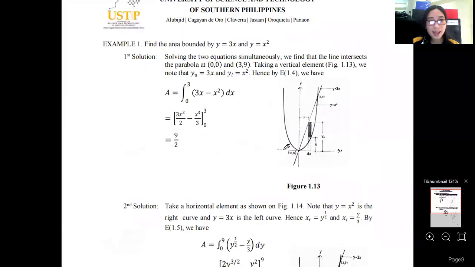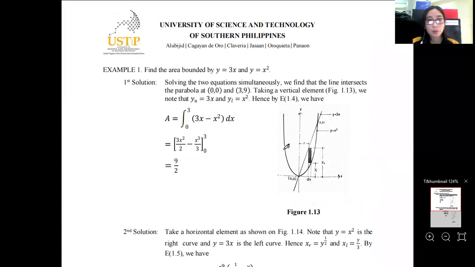Okay? So now let's proceed with the examples. Find the area bounded by y is equal to 3x and y is equal to x squared. So analyzing from the given, y is equal to 3x is a line, while y is equal to x squared is a parabola.